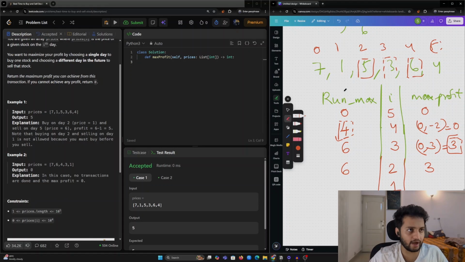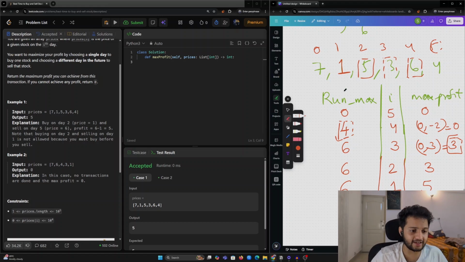Now we move to i equals 1 and we see that the running max is still 6, but now the maximum profit is updated to 5. Similarly we move to index 0, and we see that the running max was still 6 and the maximum profit is 5.